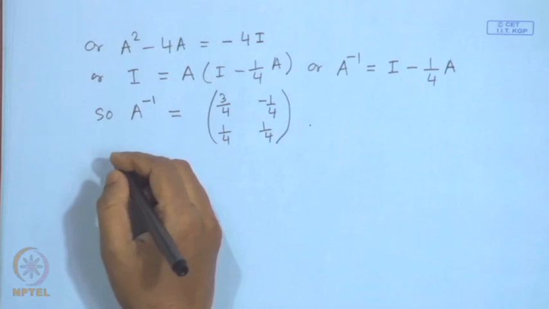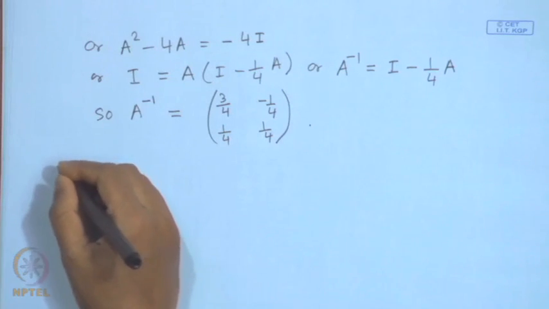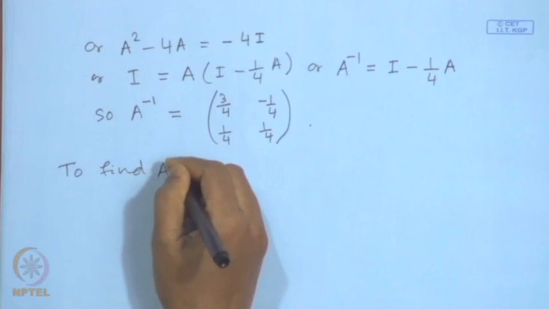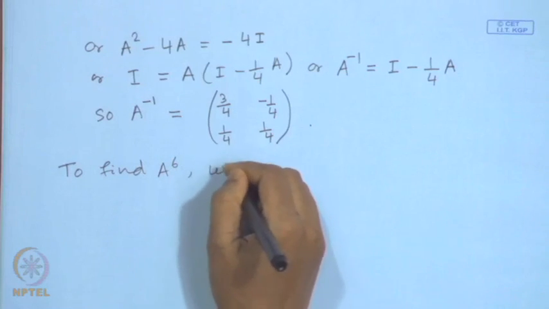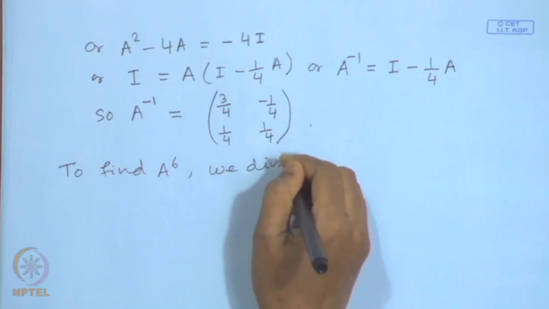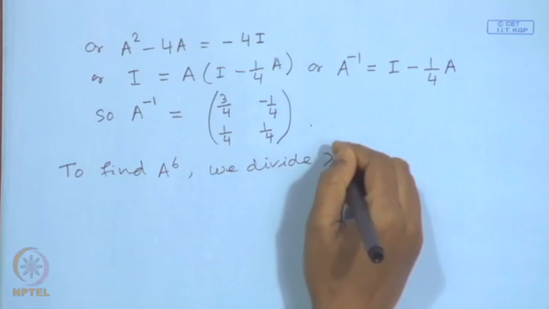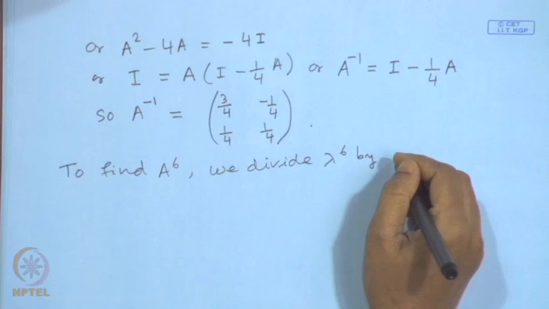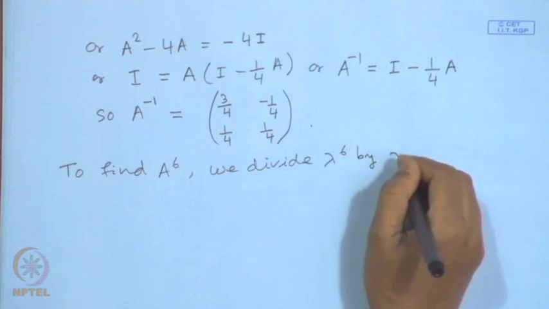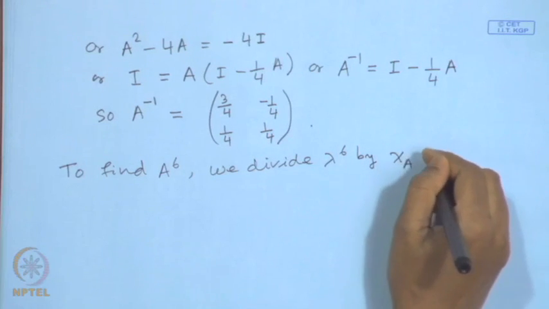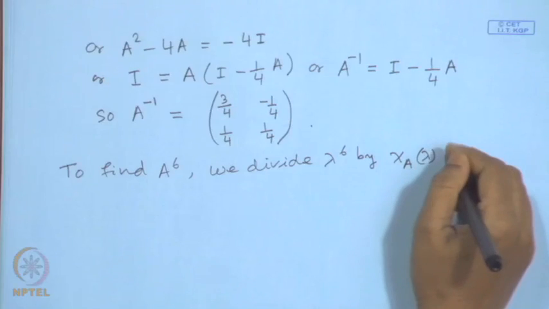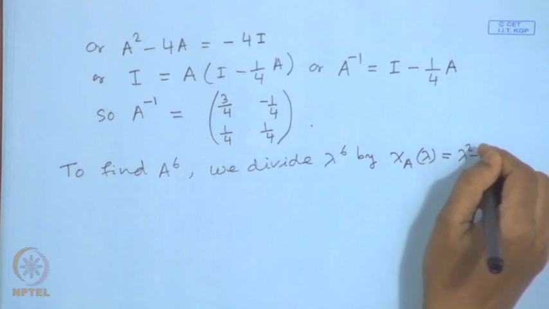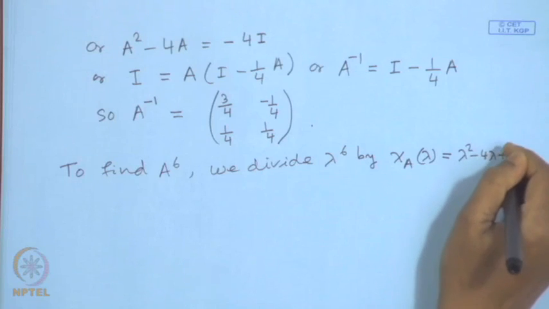To find A to the power 6, we divide lambda to the power 6 by the characteristic polynomial of this matrix A, which is lambda square minus 4 lambda plus 4.